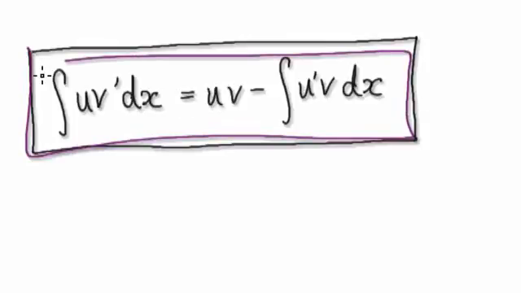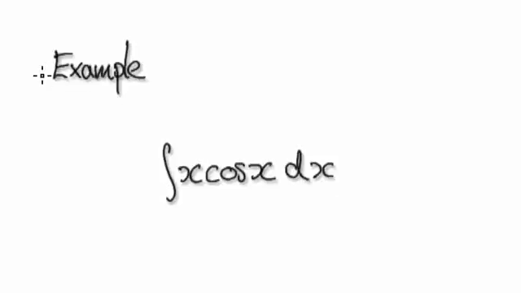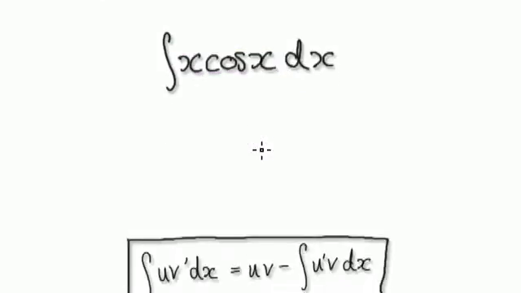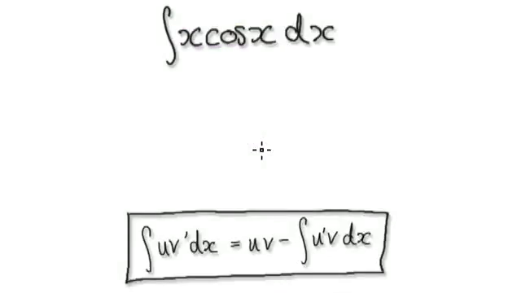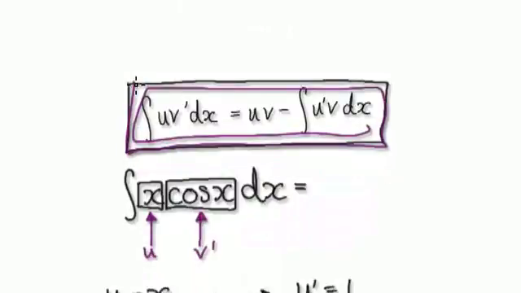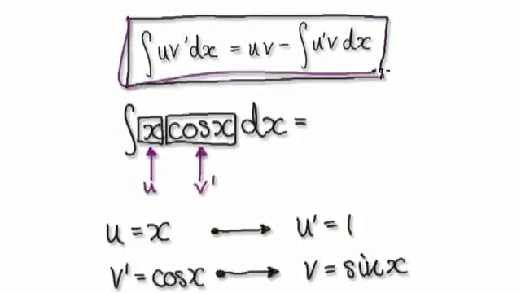So let me give you an example. How would you go about integrating this? So here you've got one block multiplying another block. You see, now we can use our integration by parts. So remember this was what we had earlier. Now to integrate x cos of x, we can make use of this.